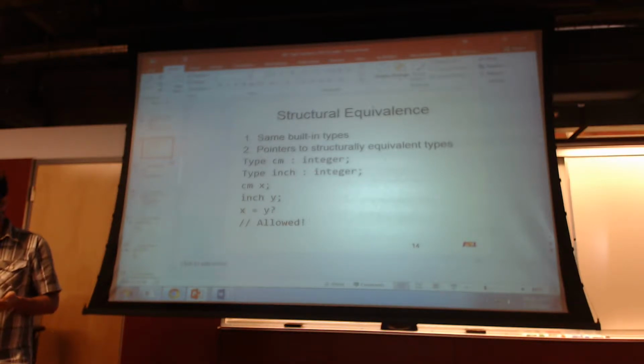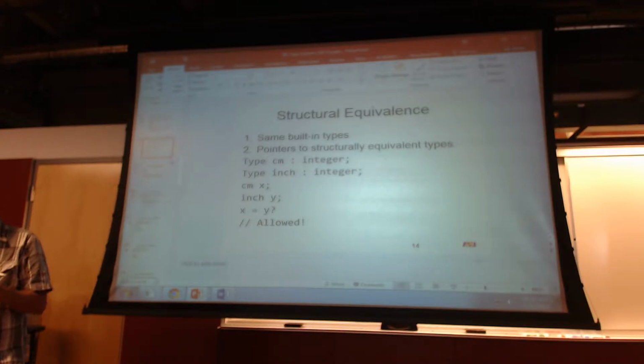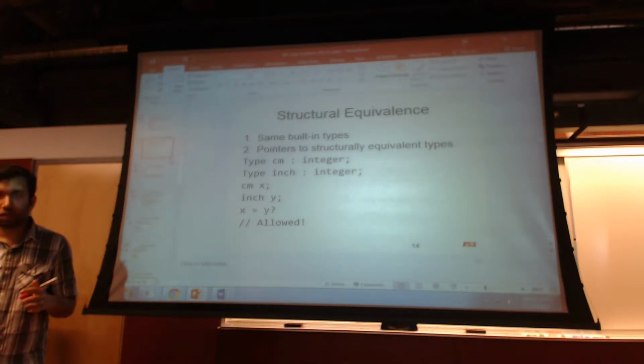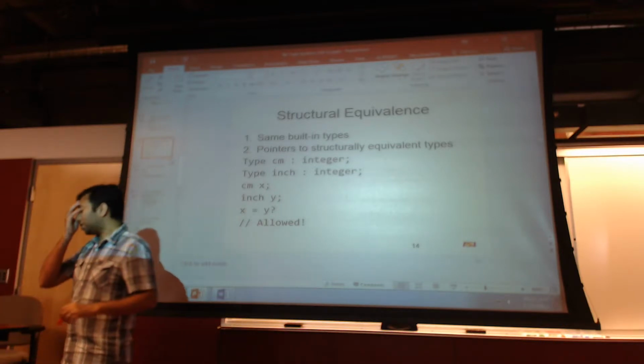If you define two variables in the same line using anonymous types, these two variables can get the same internal name. In that case, you can have an assignment A equals B. That is type compatible.